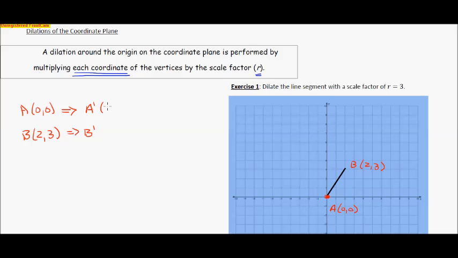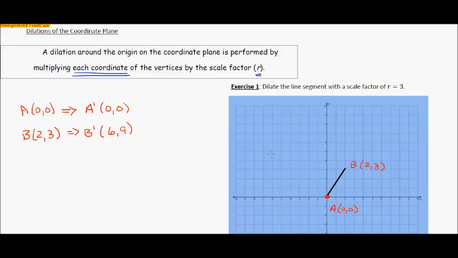So 0 times 3 is 0, and 0 times 3 again is 0. So that was pretty straightforward. A and A prime are the same point. I'm going to do the same thing with 2, 3, and again I'm going to multiply by 3, and I'm going to get 6, 9.